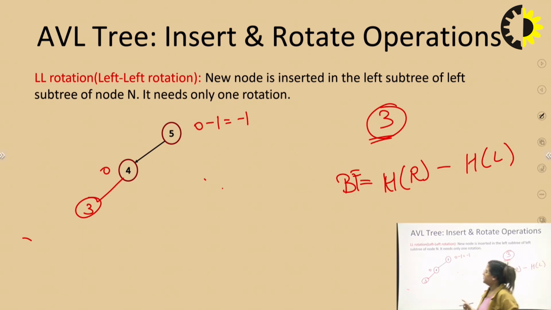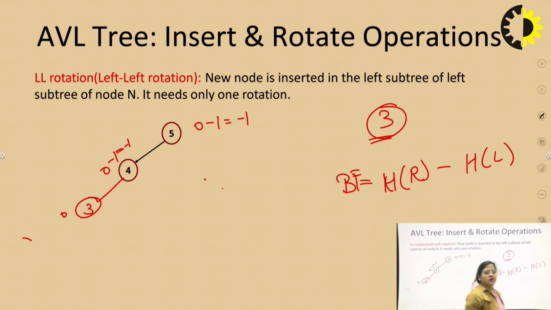The balance factor of 3 is 0, because no left or right subtree is present. Now come to 4. The right subtree is 0 and the left is 1, so 0 minus 1 is minus 1.